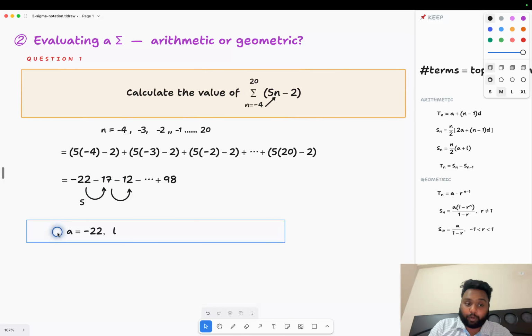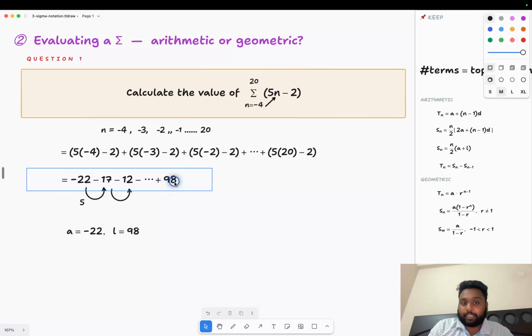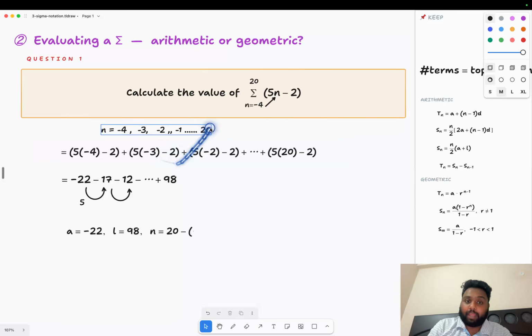My a is minus 22. My last term is 98. And my n is 20? How do I find my n?